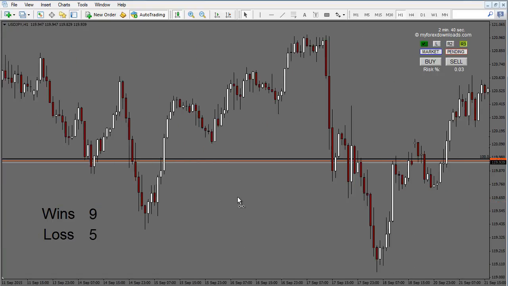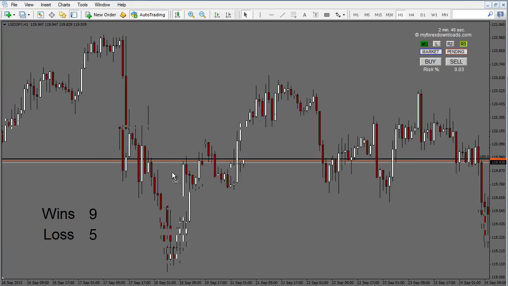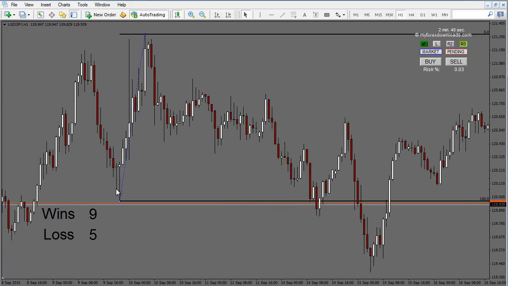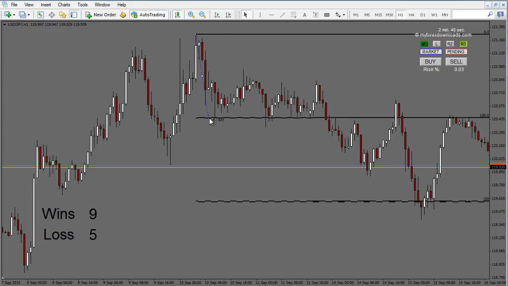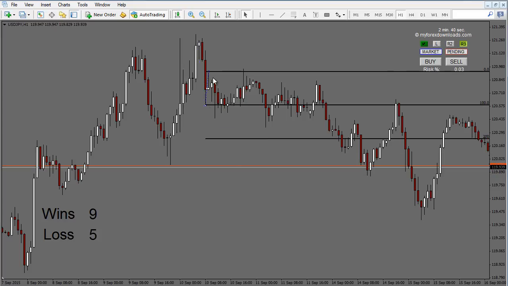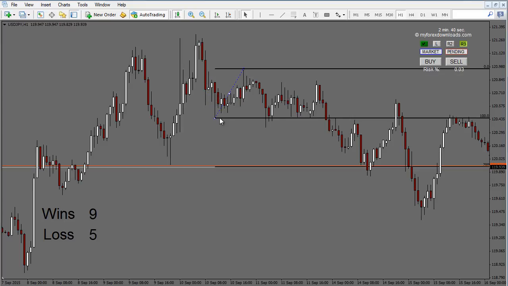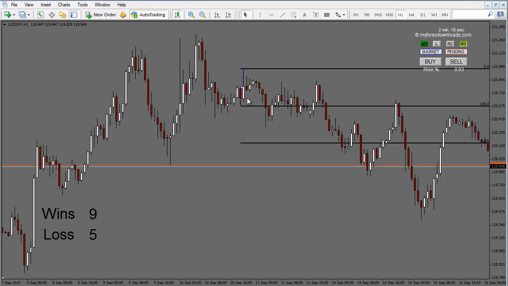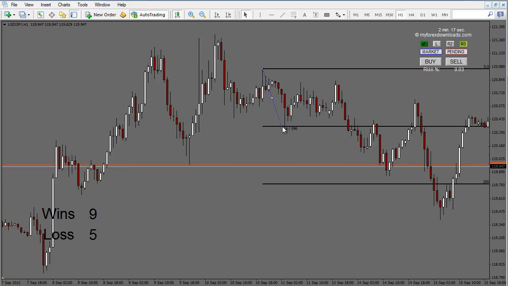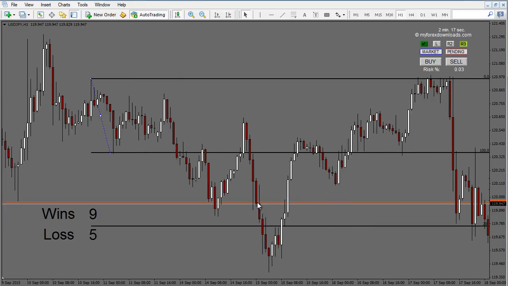Then we have this one here, which we don't know what it's doing yet. There's a winning trade there, a losing trade, losing trade, a winning trade, a winning trade, and just continue going through.